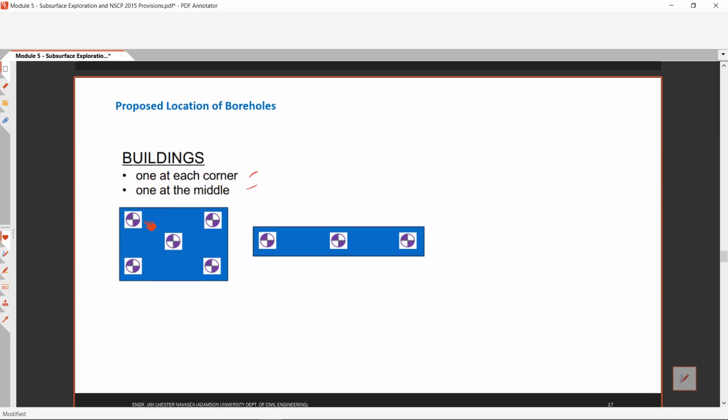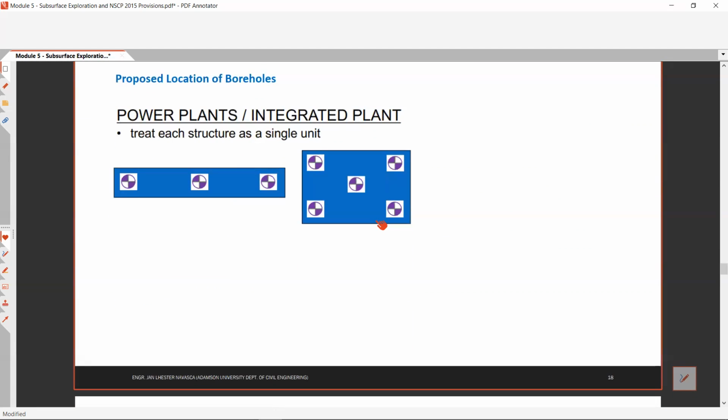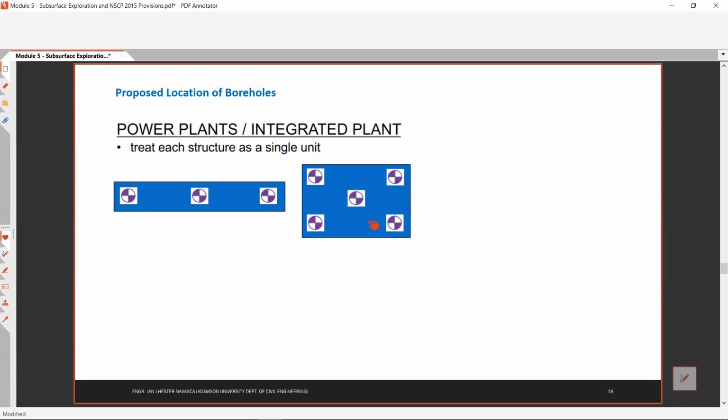Then for power plants or integrated plants, each structure can be treated as a single unit. Take note, for power plants and integrated plants, each machine or each structure you need to consider as one single unit. So again, one in each corner, one in the middle.